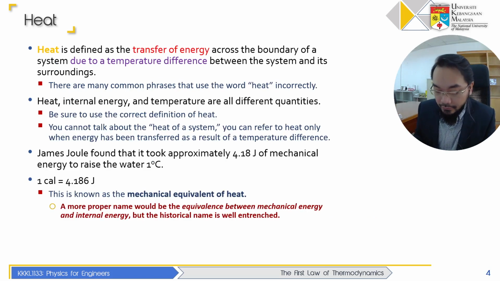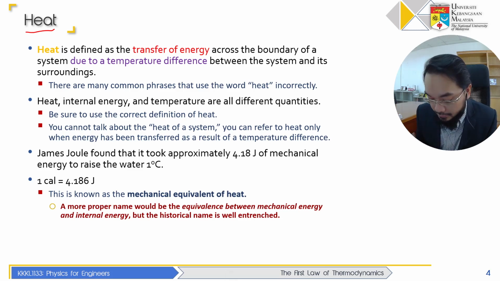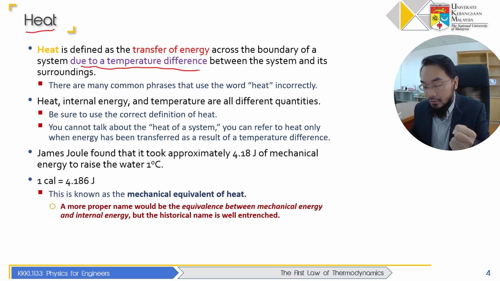Now this is a revision of heat. So we know that heat is defined as the transfer of energy across the boundary of a system due to temperature difference between the system and its surrounding. Or if you have two different objects, the heat transfer between the two different objects is the thermal energy transferred due to temperature difference from the high temperature object to the lower temperature object.